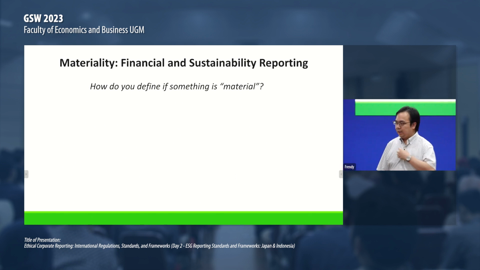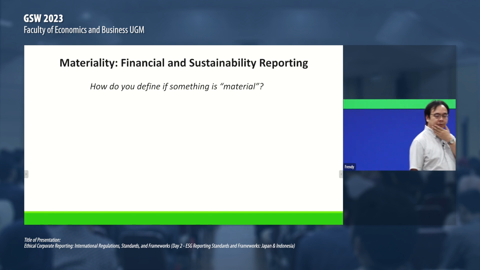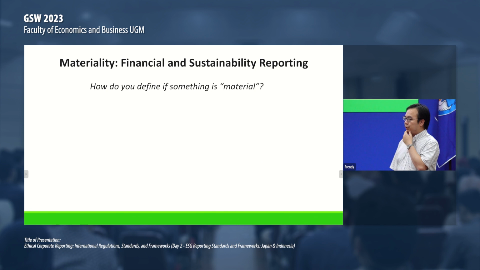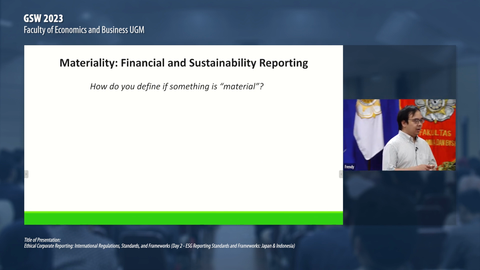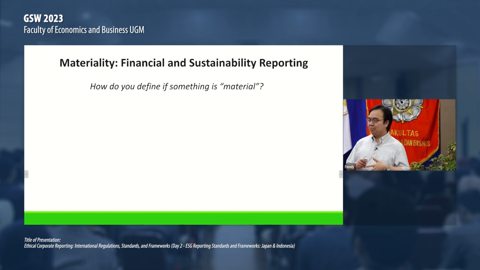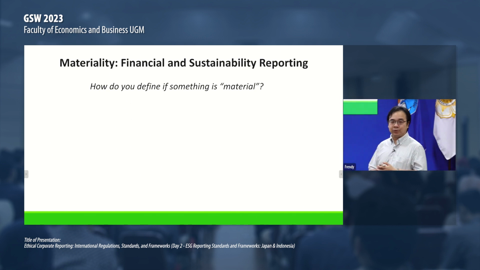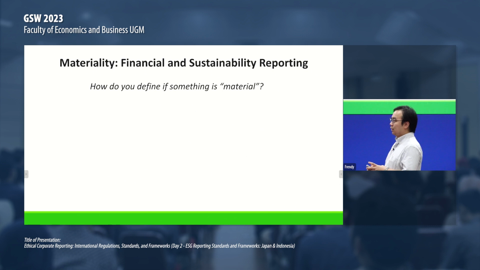One concept in sustainability reporting that you might see will be important in the future is materiality. Okay. So this is a concept which I believe some of you who study accounting are familiar with. Let's go over a bit of this concept. What exactly is material?